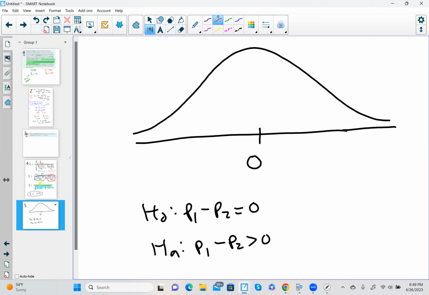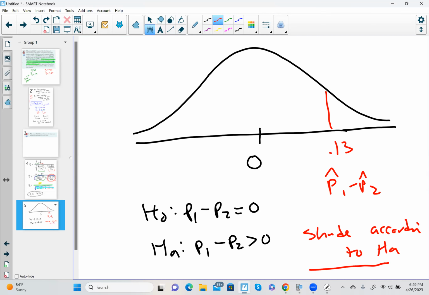So we're going to go over here. We're going to mark off the difference in our proportions. It's p hat 1 minus p hat 2, and that was 0.13. And you always have to decide which way to shade. You shade according to whatever HA says. So over here in HA, you'll notice it says greater than.